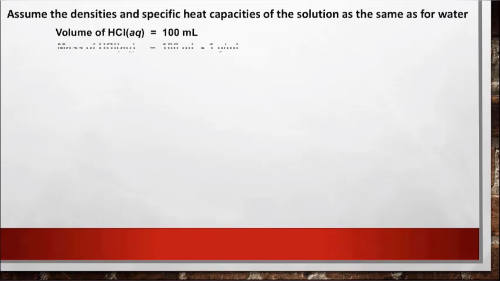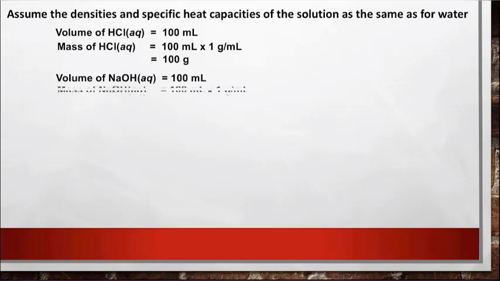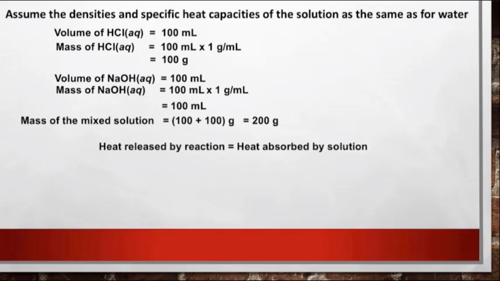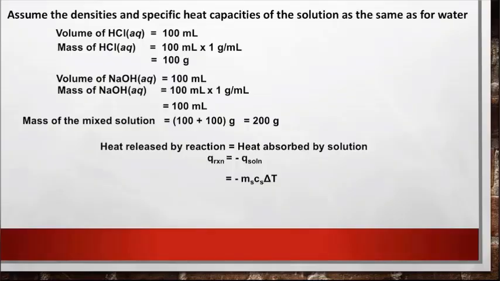Hence, to answer this question, first find out the mass of both solutions involved in the reaction using this method that I've shown you before. So you can get the mass of mixed solution is 200 grams. Then, the heat released by the reaction is only absorbed by the solution since we are ignoring the heat absorbed by the calorimeter. This is the formula.